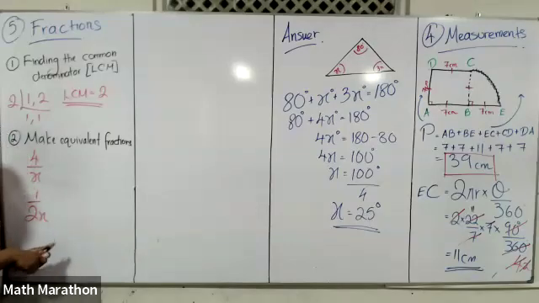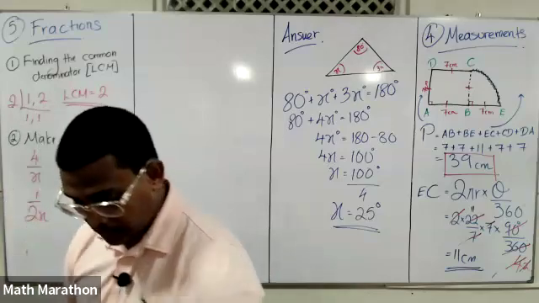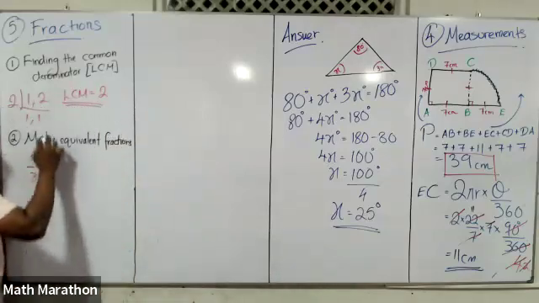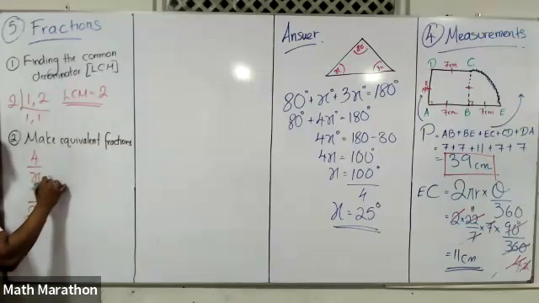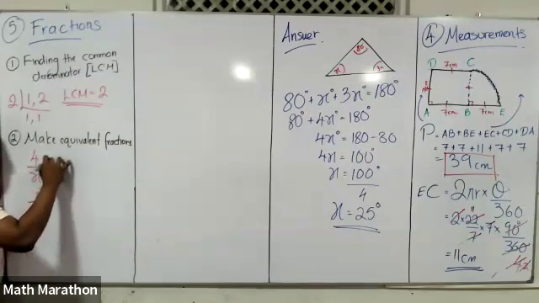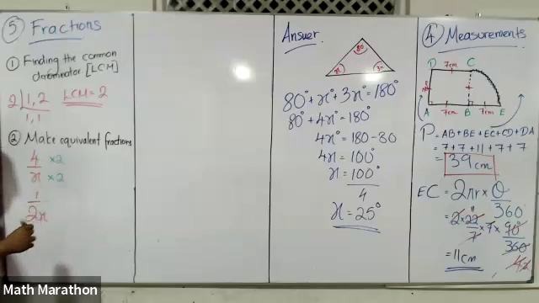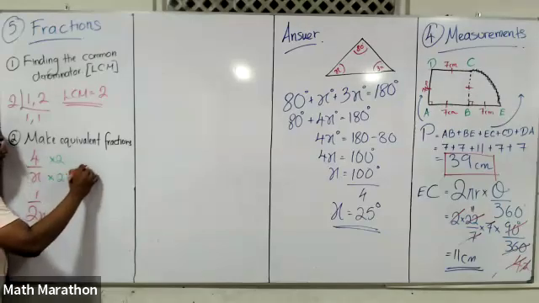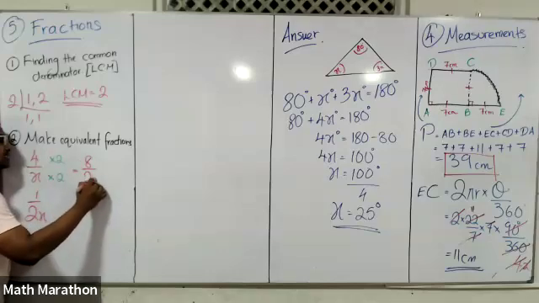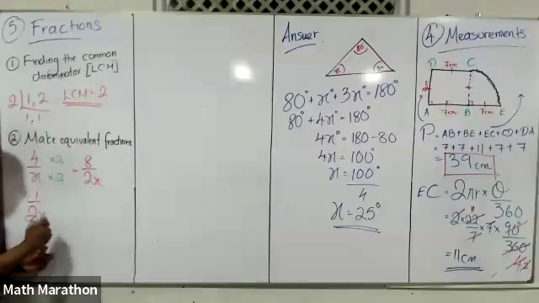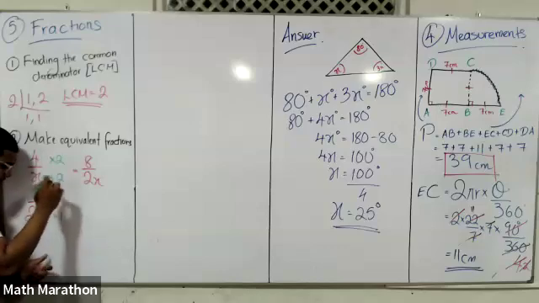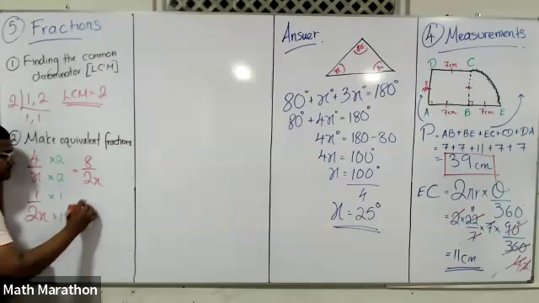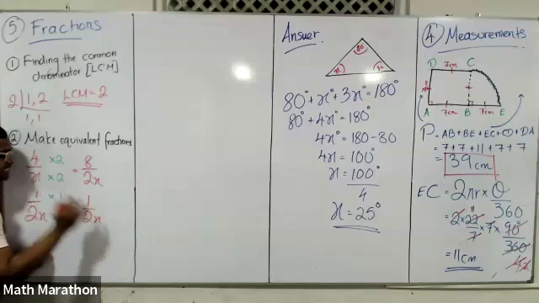To make it equivalent, here, only x has become 2x. That means it has got multiplied by 2. So the top also should get multiplied by 2. So here it will be 8 over 2x. Here 2x is just 2x, multiplied by 1, so this becomes 1 over 2x as it is.